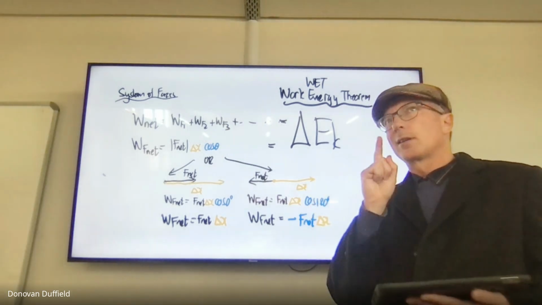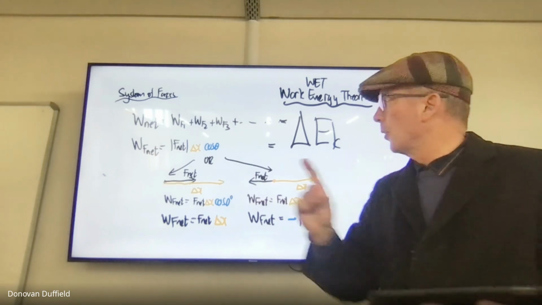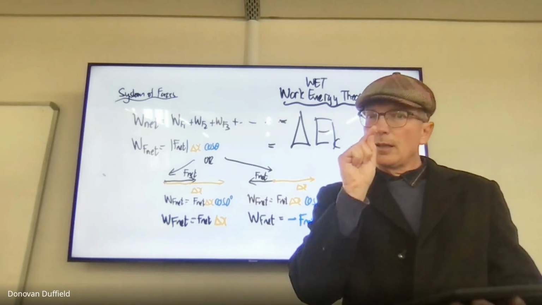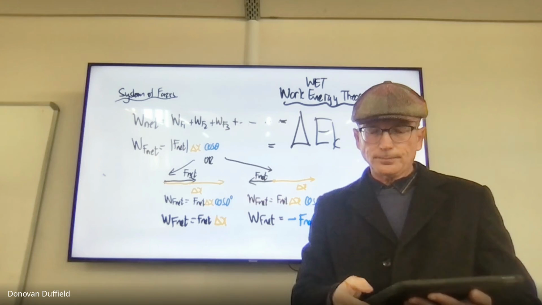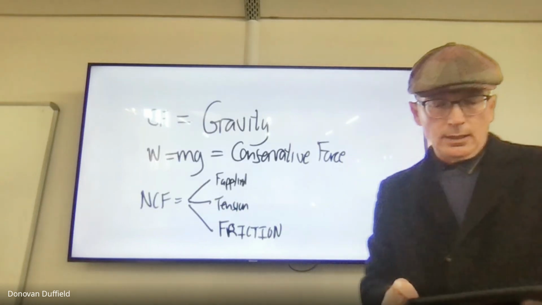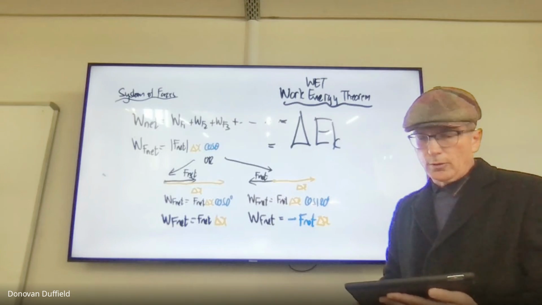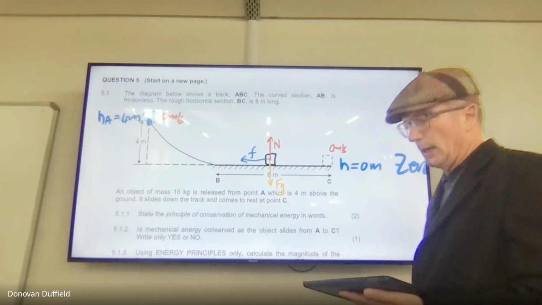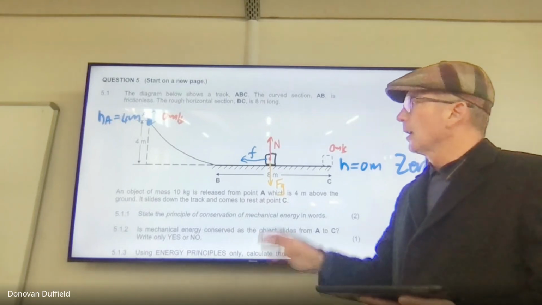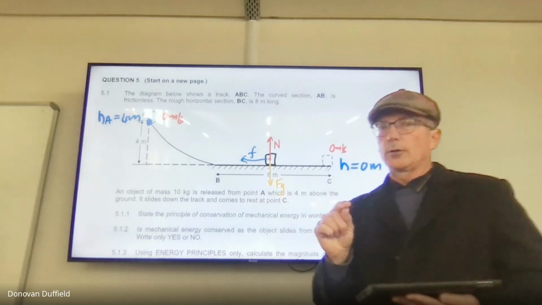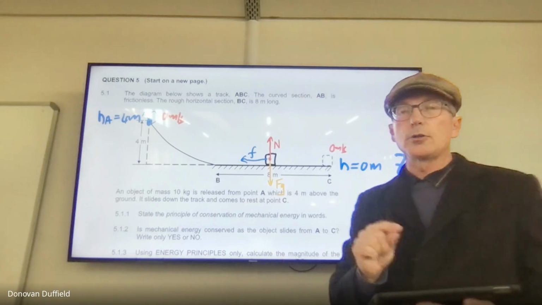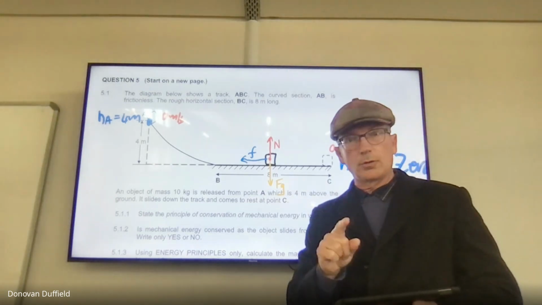Because working with the work-energy theorem, you need to work out the net force first. So, if you look at this problem here, if they asked you to work out the net using the work-energy theorem, and I'm not going to do it, I'm going to ask you to do it.